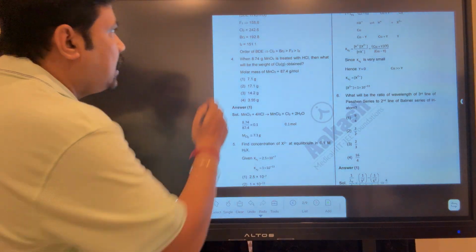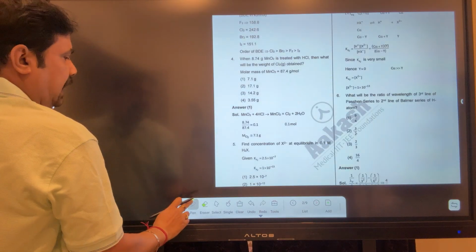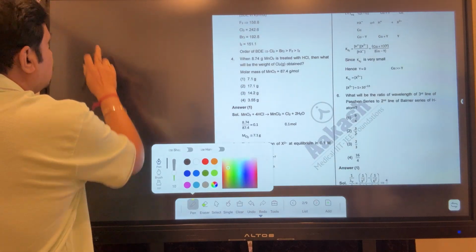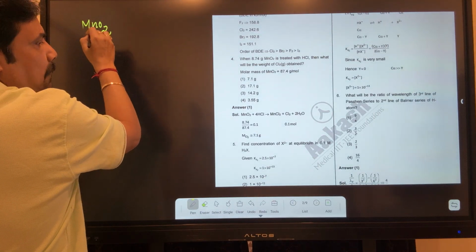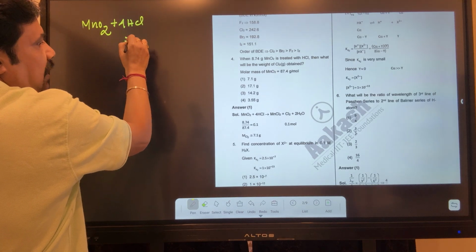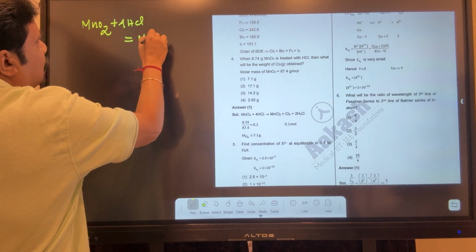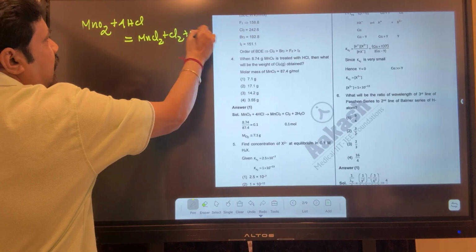The balanced chemical equation is MnO2 plus 4HCl, on reaction it will be converted to MnCl2 plus Cl2 plus 2H2O.